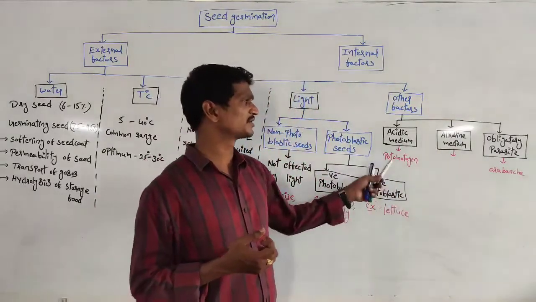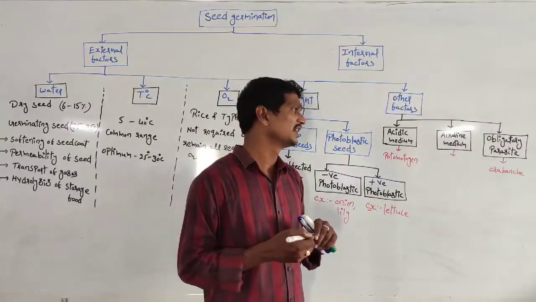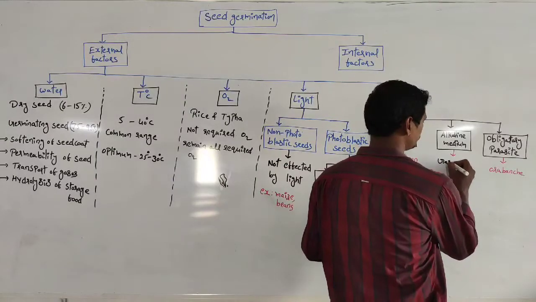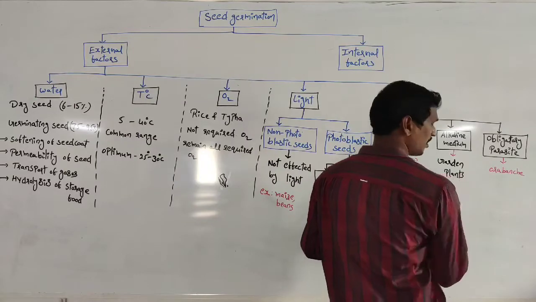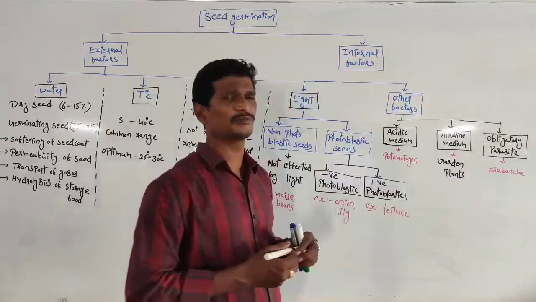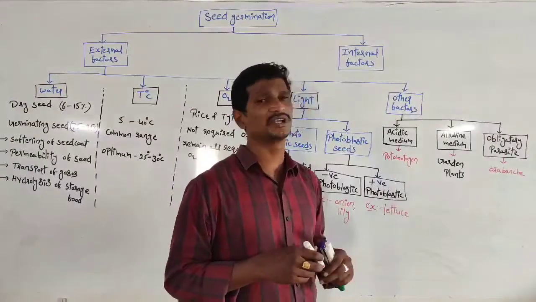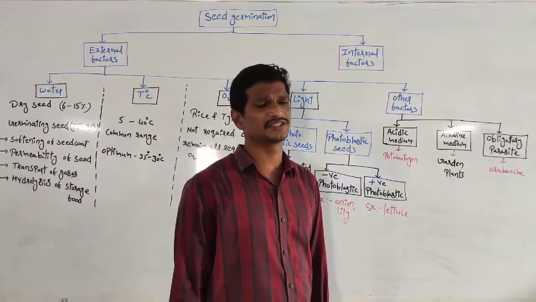Phytohormones is the best example. Most of the garden plants and some of the ornamental plants grow within the alkaline medium, right? And the last one is obligatory parasites.